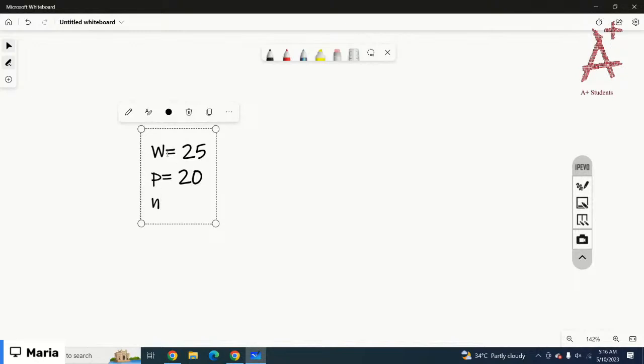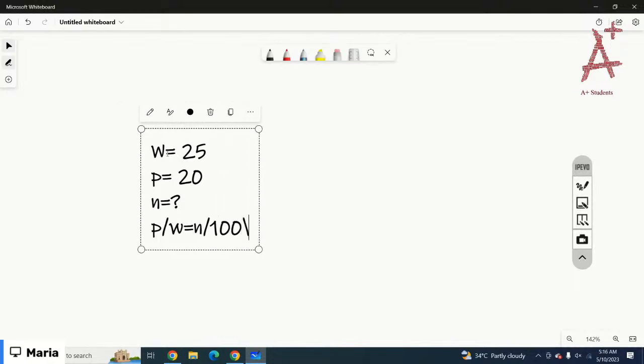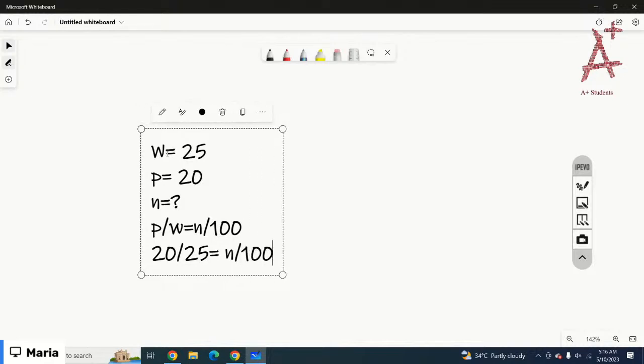20 is what part of 25. Got it? So you need to use the same proportion we are using. It would be part divided by whole, and that equals n divided by 100. Just put the values. It would be 20 divided by 25, and that equals n divided by 100. So just do the calculations.